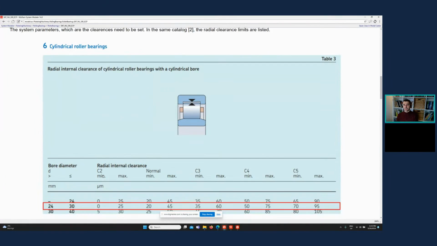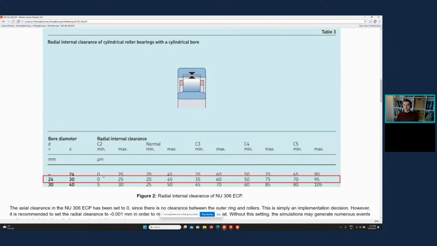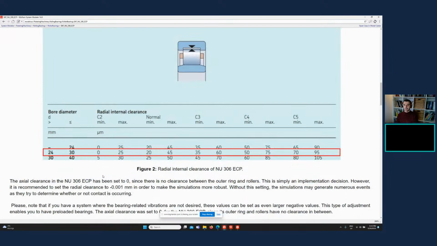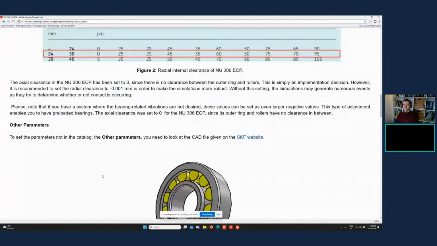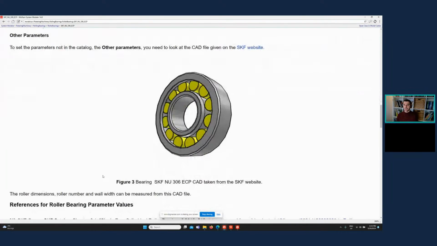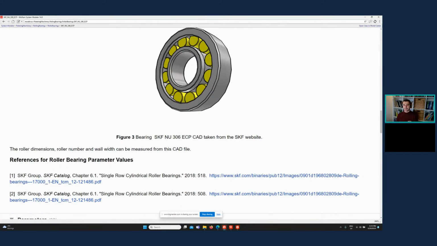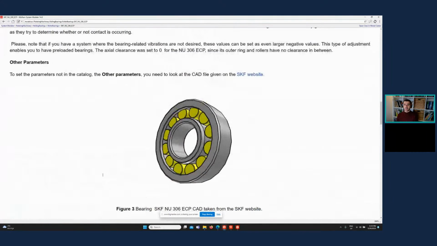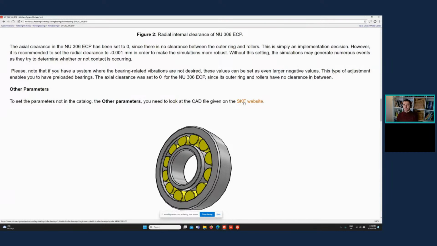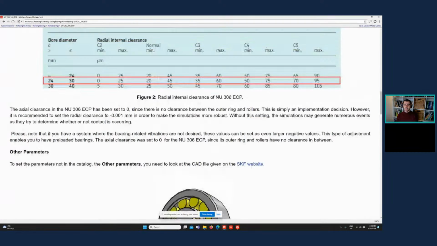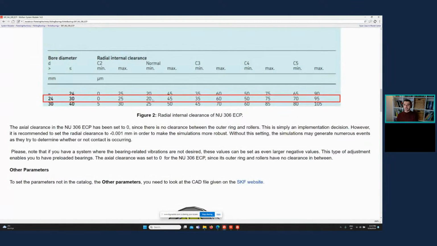We are showing how to read the corresponding parameters, related to radial internal clearance, how many rollers it has, etc. We have all the links. You can just click and go to the manufacturer's supplier website to get this catalog.